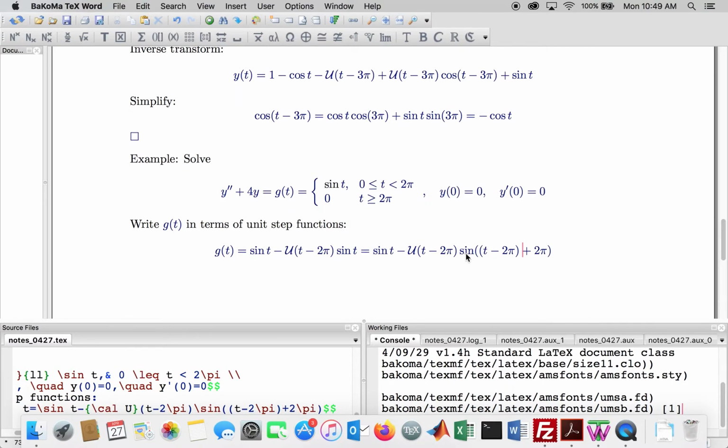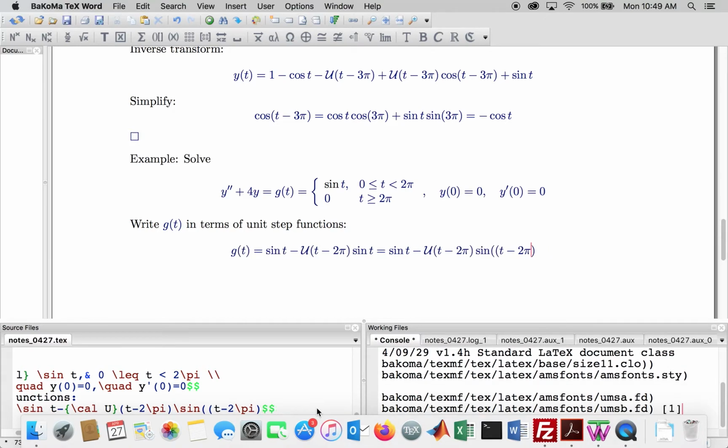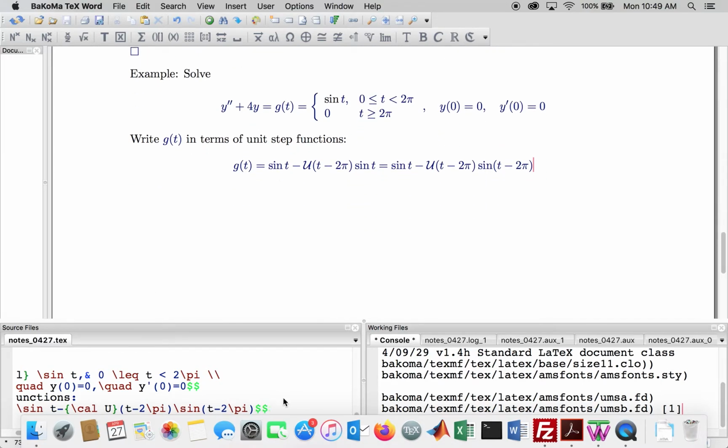Now, what you could do here is expand this using a trig identity, but in this case, it's not really necessary because, as you should know, sine, like cosine, is 2 pi periodic. So sine of anything plus 2 pi is equal to sine of that something. So I can just remove this, and now we're done. So it's important to get this in terms of the same arguments as passed to the unit step function. So not as a function of plain old t, but a function of t minus whatever is being subtracted here. Okay, so now it's in a form where we can carry out the Laplace transform.